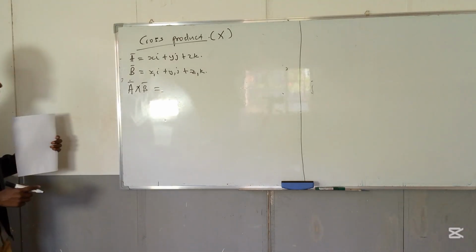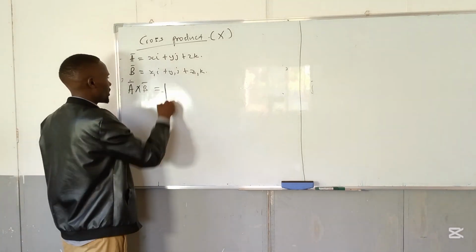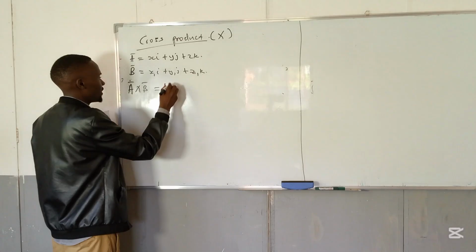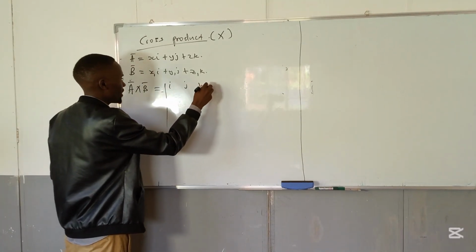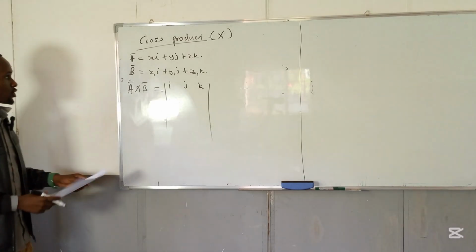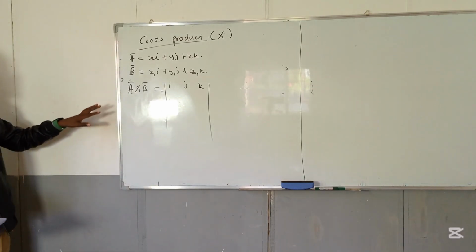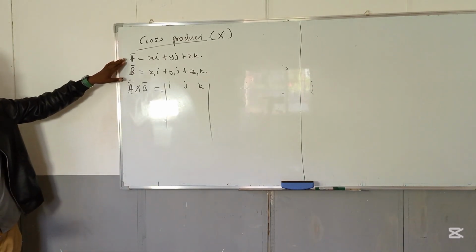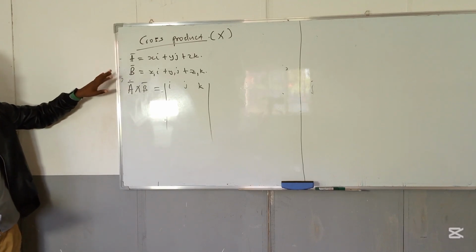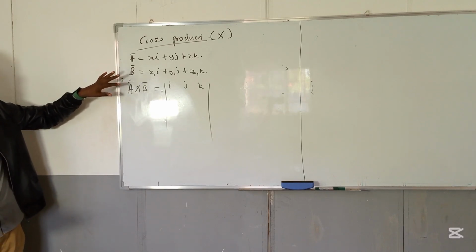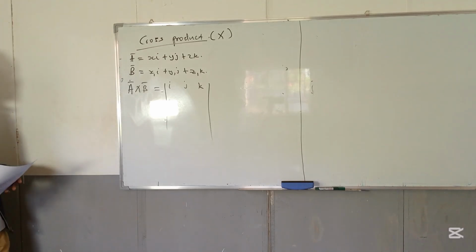So from here, we shall arrange those in the I direction, those in the J direction, and those in the K direction. So let's begin extracting from the vector A those values in the I, J, and K directions.